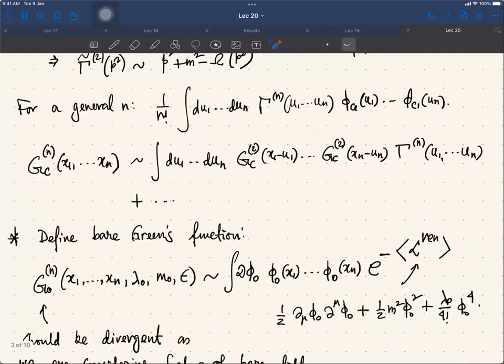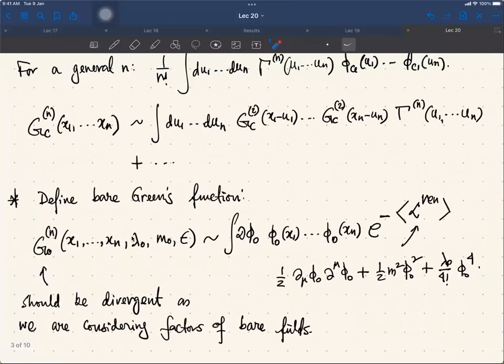If you just replace everything in the usual Green's function by the corresponding bare quantities, that doesn't give the finite contribution. So these are not the right kind of Green's function that we should be looking for.